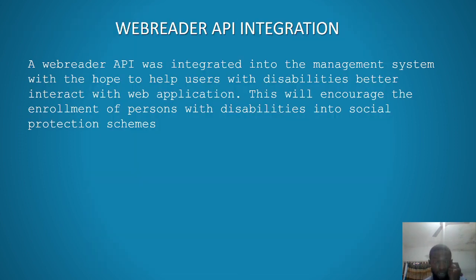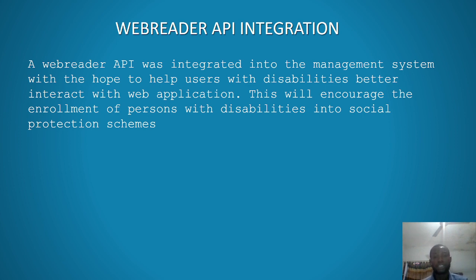In order to make the system more disability friendly, because some of the people who enroll into these social security policies in Ghana are disabled people, I had to build a system that is disability friendly, whereby people with disability, especially blind people, can better interact with websites.